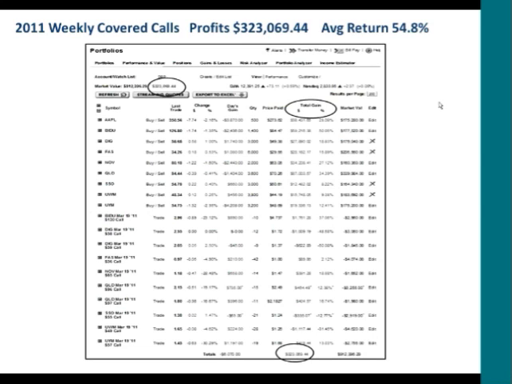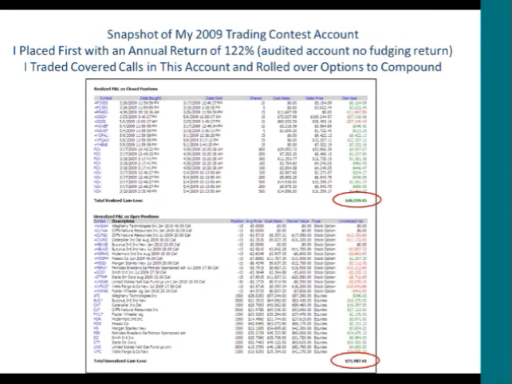So that's a pretty good return for such a low risk strategy. These covered calls, 54%, and this was last year. So I was trading the weekly covered calls last year, and this is a snapshot of my 2009 trading contest, and I placed first that year with an annual return of 122%.